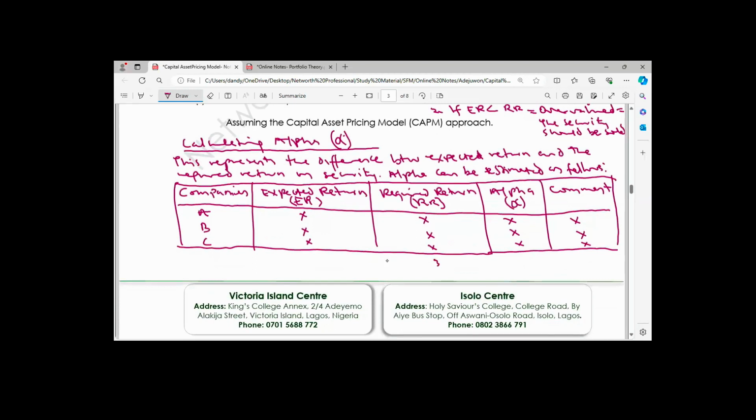Number three, if expected return is equal to required return, it means that the security is properly priced or properly valued.